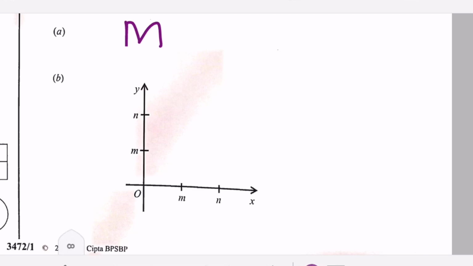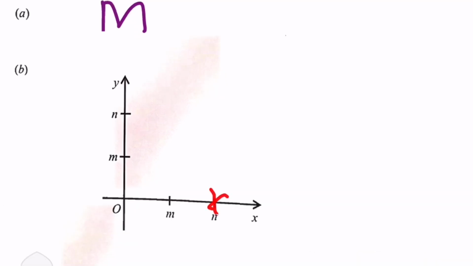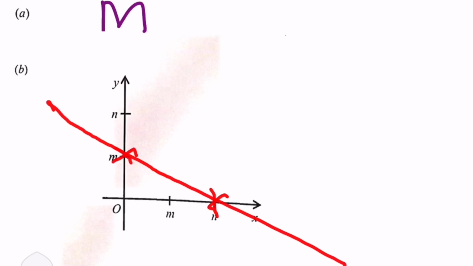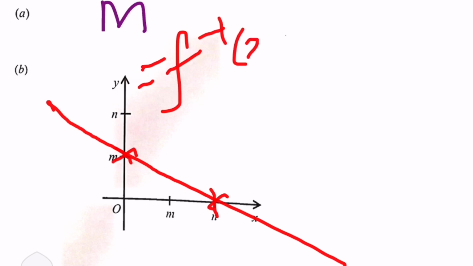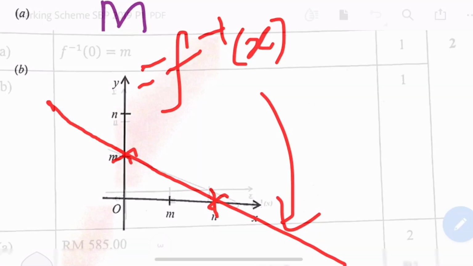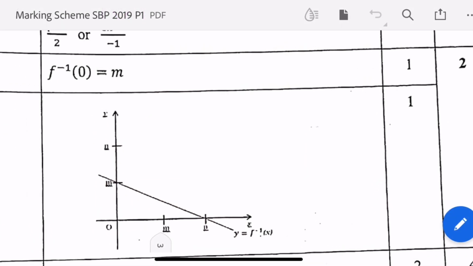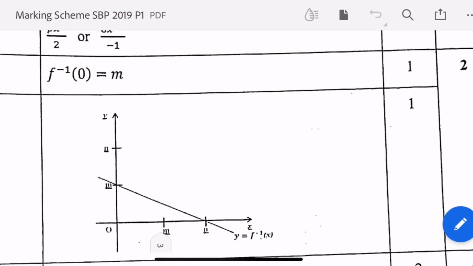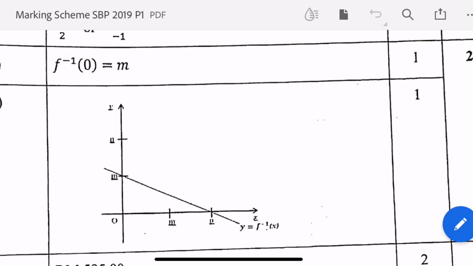When we sketch an inverse function, we are referring to y also. That y is actually the inverse function. So you just draw a straight line that passes through (0, m) and (n, 0). Then the y is the inverse function. You can write y equal to f^-1(x). So for the inverse function, with the object 0, the image is m.